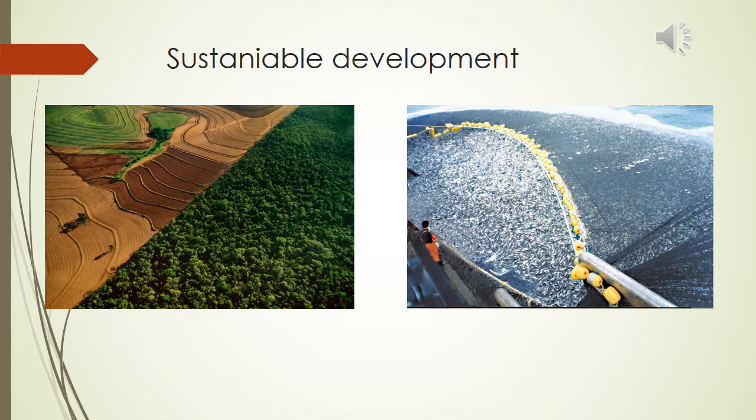Because if we cut down all the forest and catch all the fish, while it might give a short-term economic growth, it won't leave much for future generations. So a lot of debate when we talk about conservation and the environment is how to have a development without damaging nature too much.